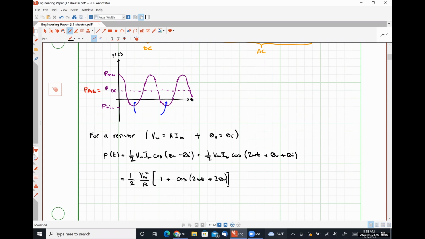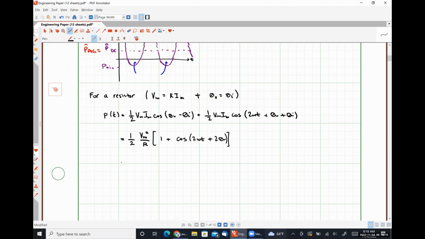So this is what our instantaneous power looks like, expressed only in terms of the quantities related to the voltage drop across our resistor. For current quantities, we're going to have 1/2 Im squared times R times 1 plus cosine twice omega t plus twice theta i.